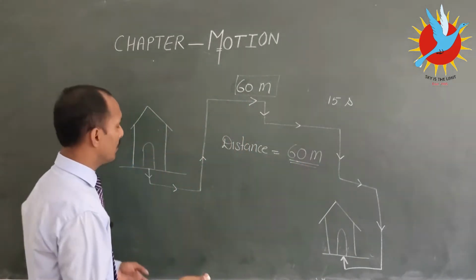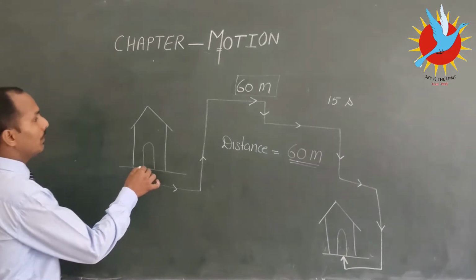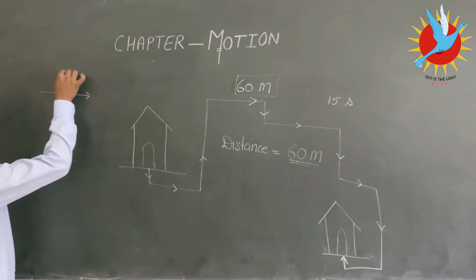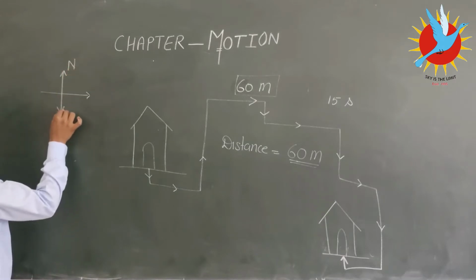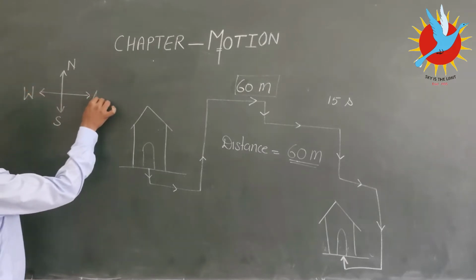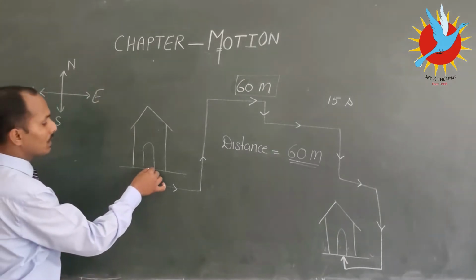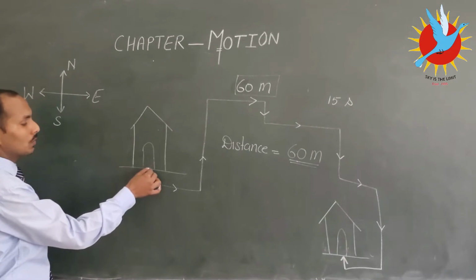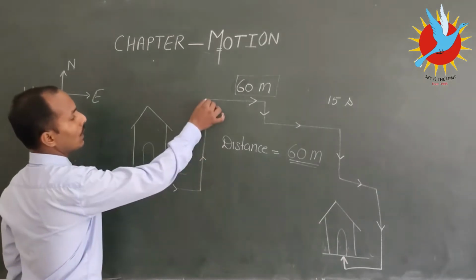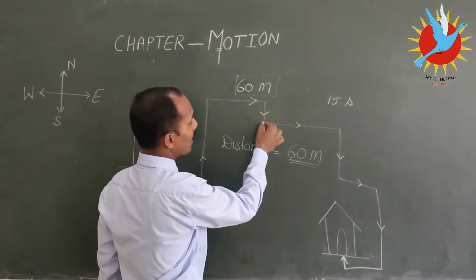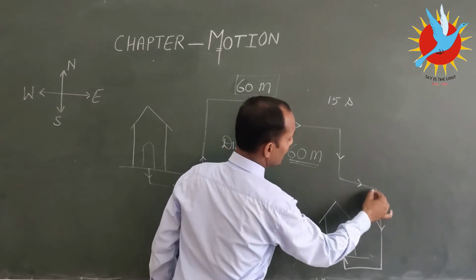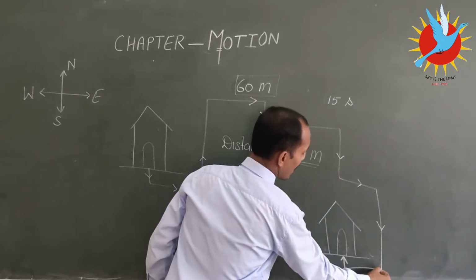not direction. Suppose this is north, this is south, this is west and this is east. First you move towards south, then east, then north, then east, then south, then east, then south, then east, south.